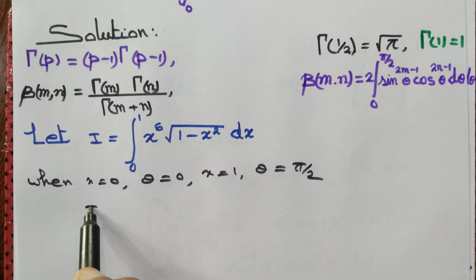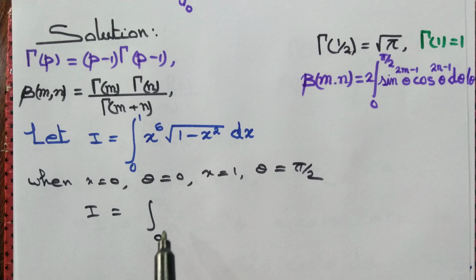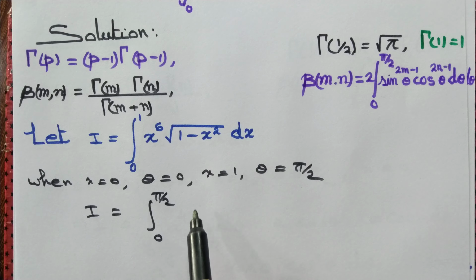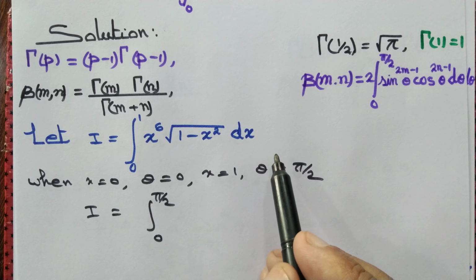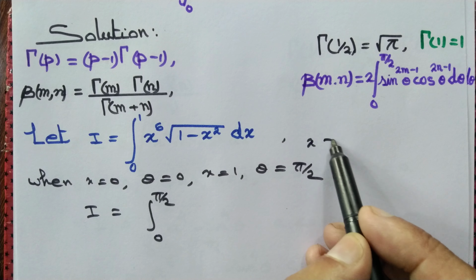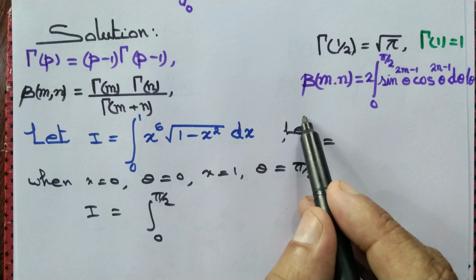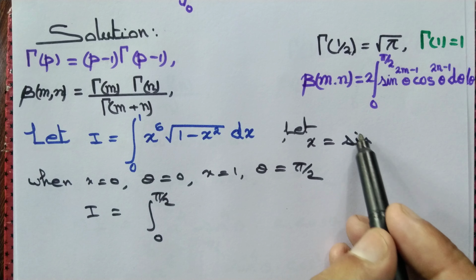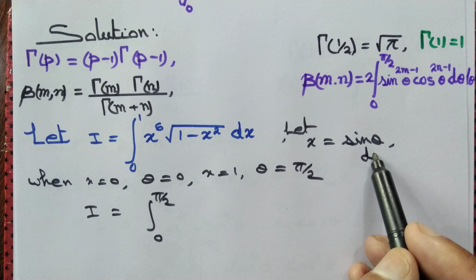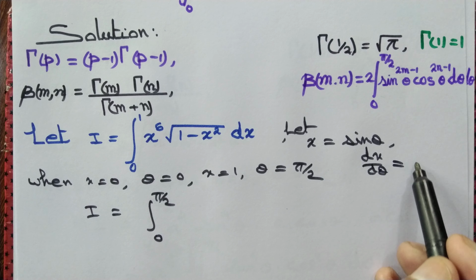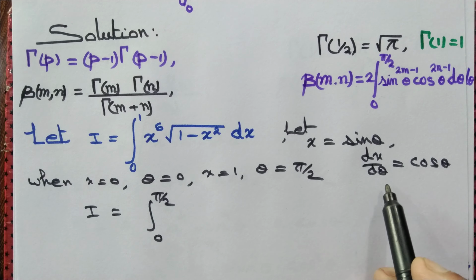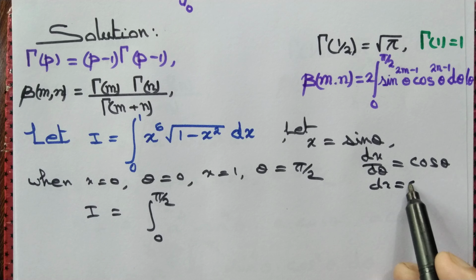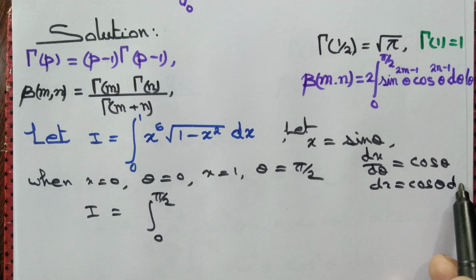And so, I equal to integral 0 to pi by 2 x to the power 6. We have not written x equal to sine theta. Let us write it now. x equal to sine theta. And if we differentiate it, we get dx by d theta equal to cos theta. So, I can say that dx equal to cos theta d theta.